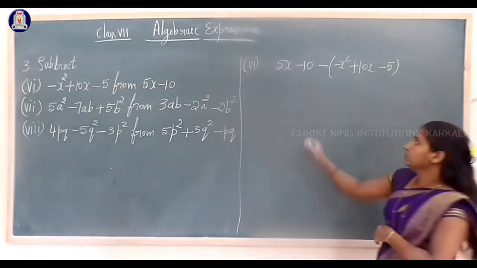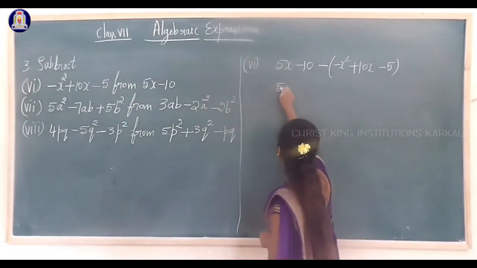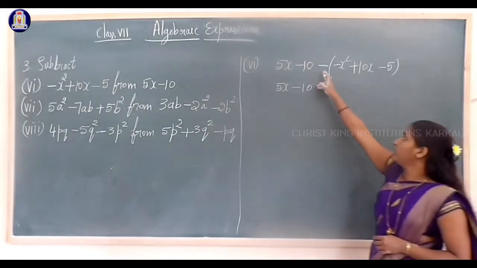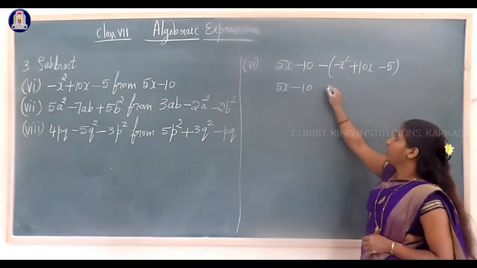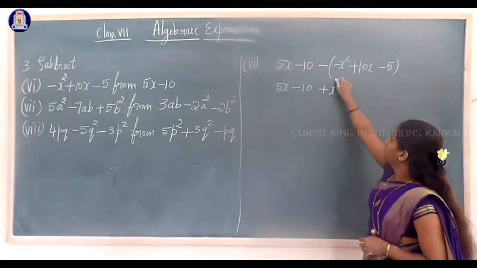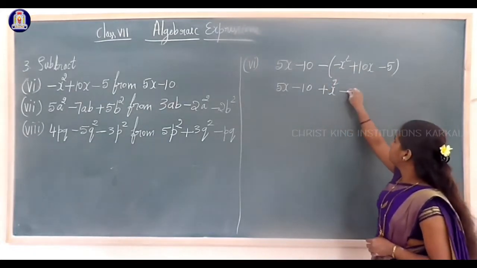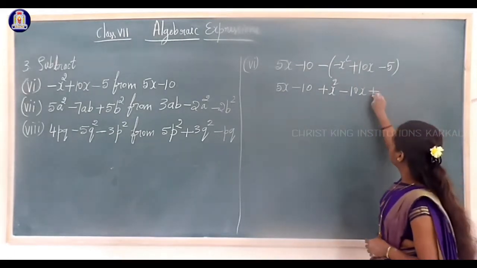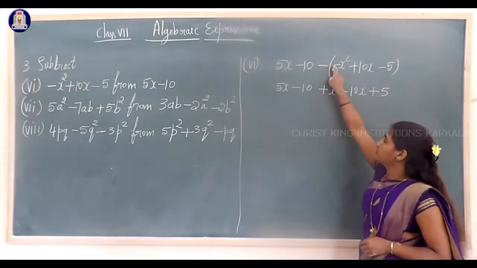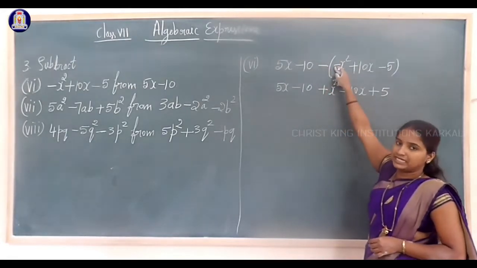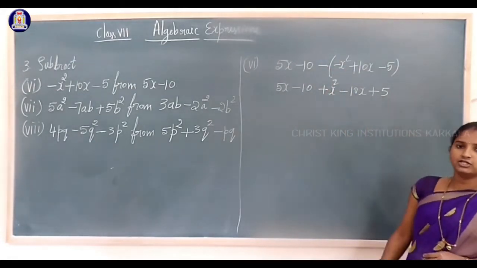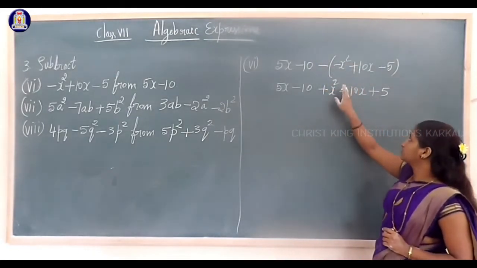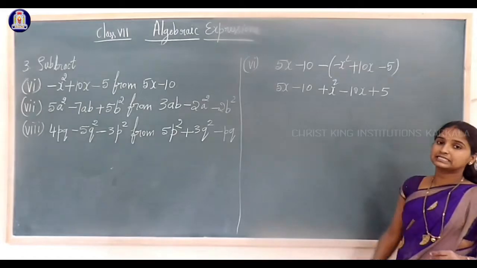The first expression is 5x minus 10. Now again you have to multiply the sign. Minus into minus, plus. Minus into plus, minus 10x. Minus into minus, plus 5. Understood? Bracket means multiplication.